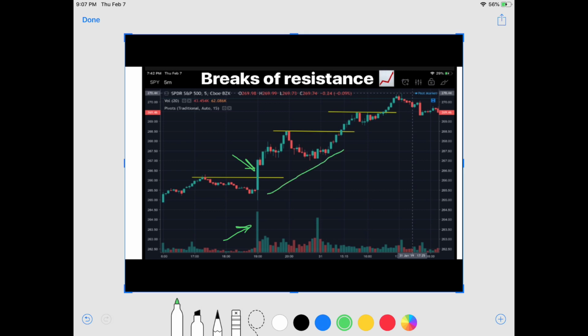So bam, we got a great uptrend going on. So that's pretty much the gist of breaks of resistance. Breaks of resistance accompanied by rising volume equals a strong uptrend or a strong breakout.